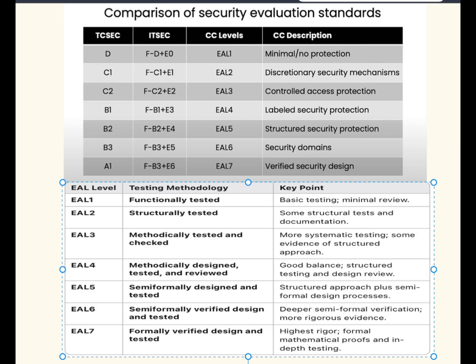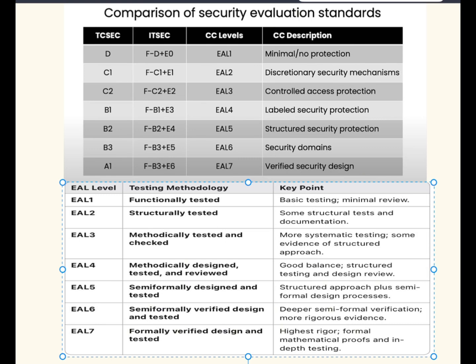So how does it work practically? As a vendor, when you build a new product, you define your security target, a document stating what your product is supposed to do securely, like my firewall protects networks. Then you submit it to a CCTL.